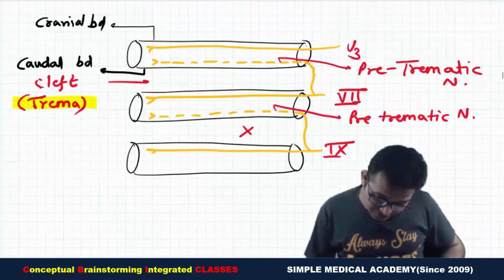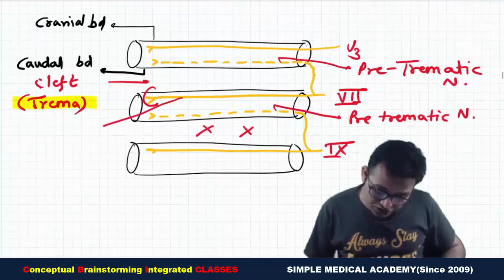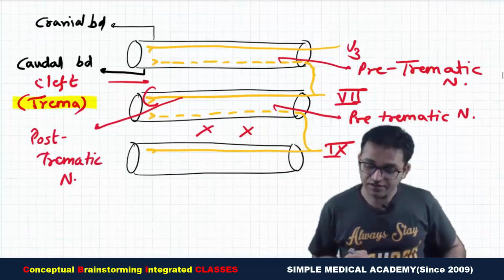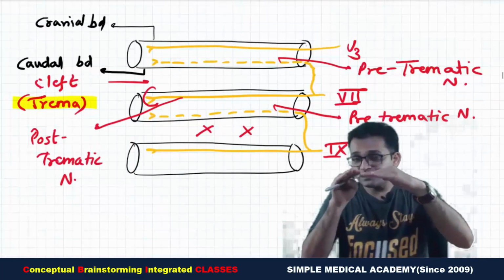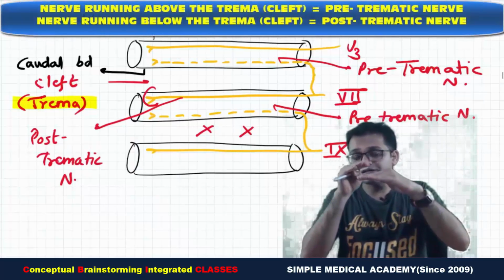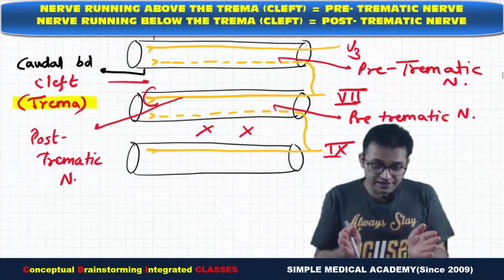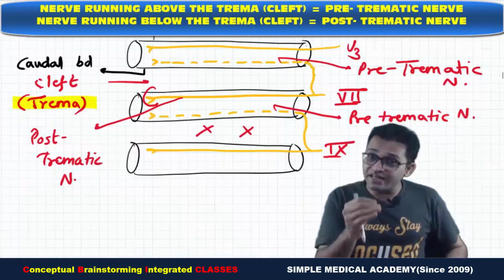And the nerve running along the cranial border should be known as the post-trematic nerve. Getting the point? The nerve which is running above the trema is pre-trematic, the nerve which is running below the trema is post-trematic, or in other words the nerve running along the cranial border.